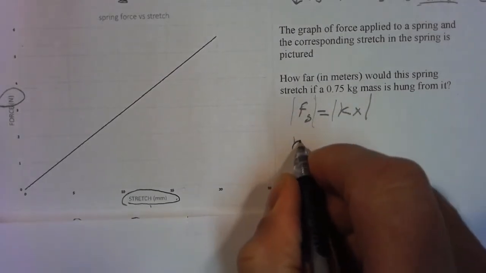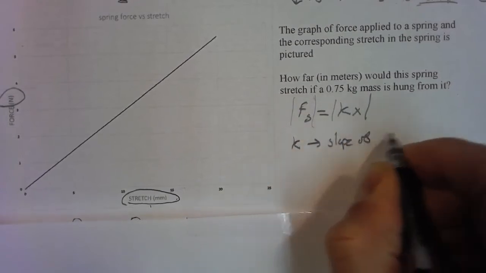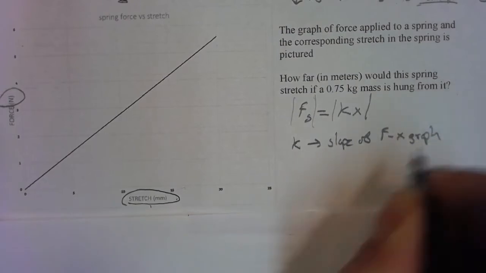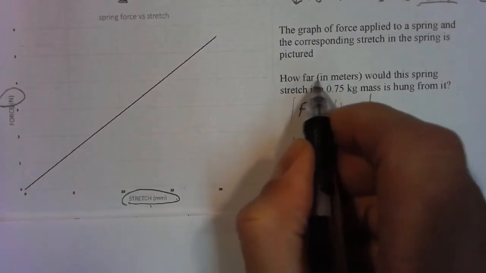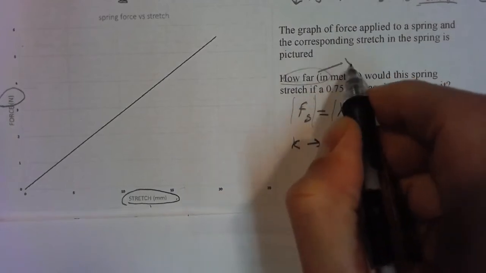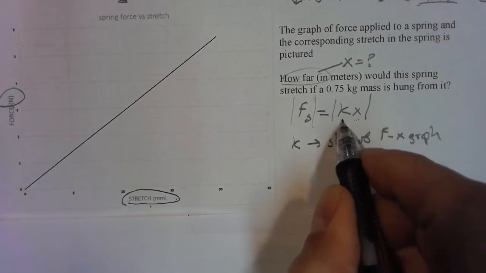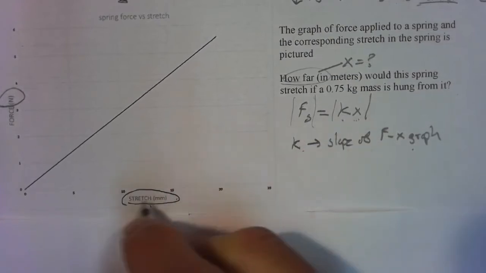Well, k, that is the slope of the Fx graph for a spring. That's the slope of this graph. So if I want to find how far, that means I want to find x. I need the k. The k is going to come from the slope of this graph.